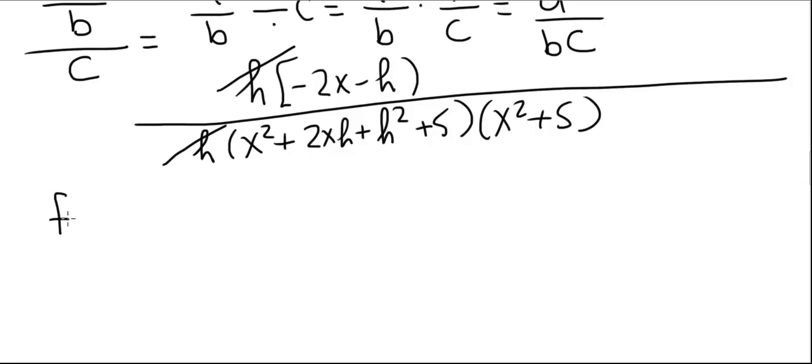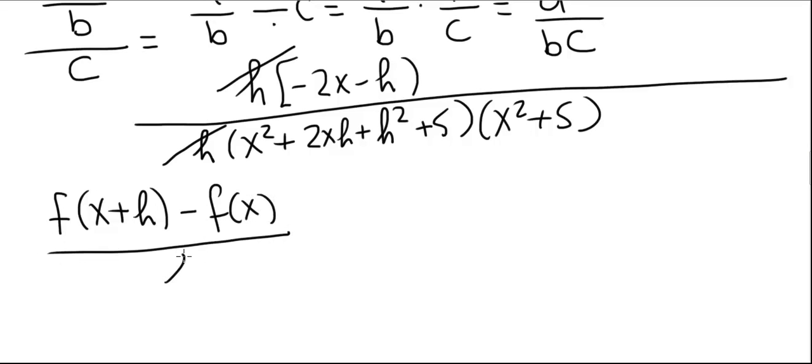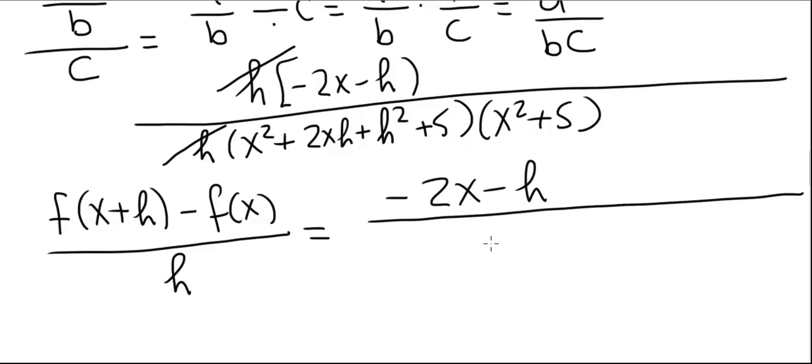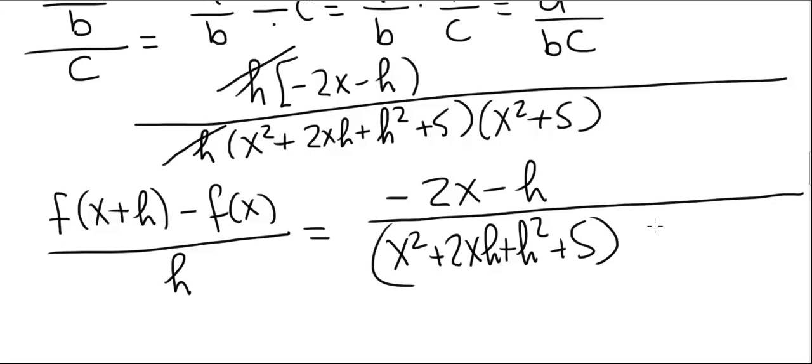At the end of step 3, f of x plus h minus f of x divided by h can now be expressed as minus 2x minus h divided by x squared plus 2xh plus h squared plus 5 and x squared plus 5. We are now ready to compute the derivative.